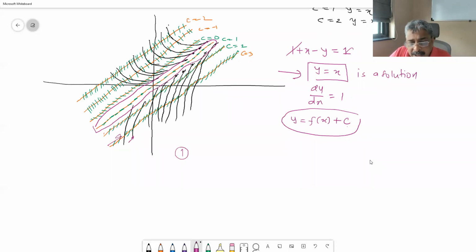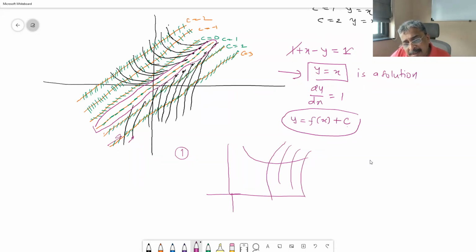it is possible that your integral curves or solutions of differential equations are like this in the XY plane. One family is like this, another family is like this.